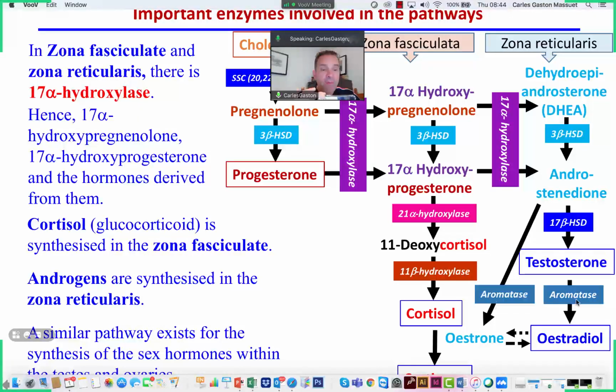Then there are aromatases, which convert it into estradiol, and the estradiol into estrogen through an aromatase pathway, and this will impact the reproductive organs. We will study the physiological function in tomorrow's lecture.